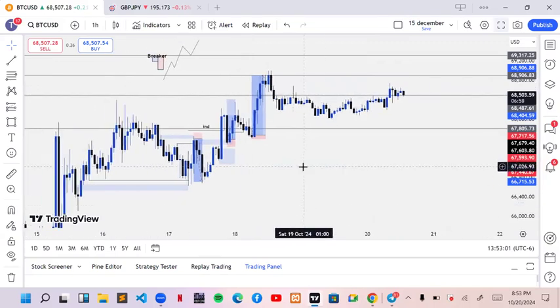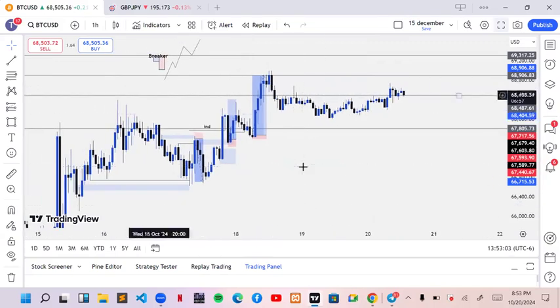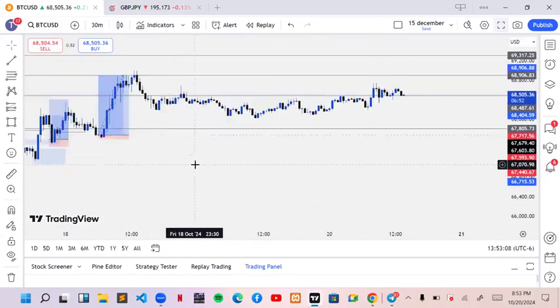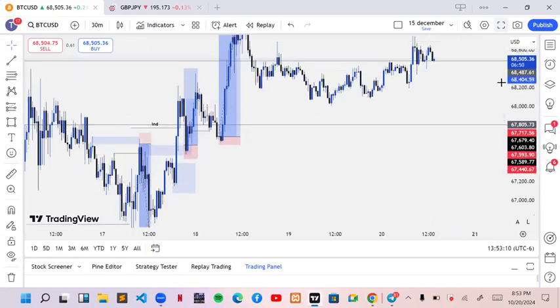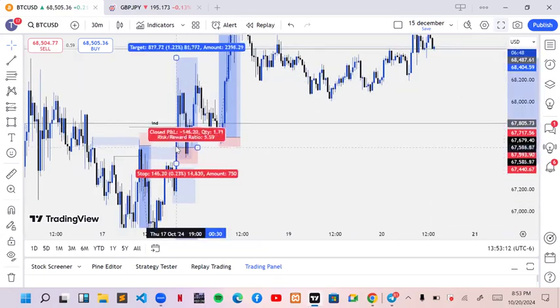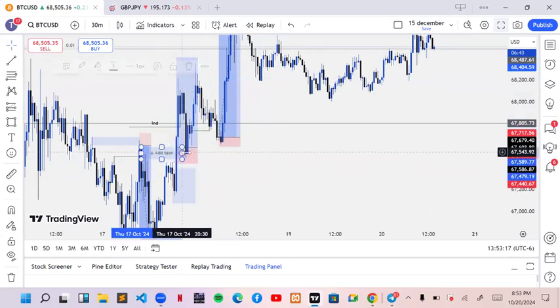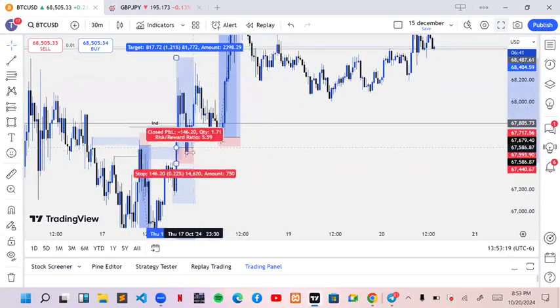Let me see if I can find that trade. I don't really remember the trade form. Let me see if I can find it. Yeah, it's this trade here. It was this trade, but I caught it very early when it was already moving.